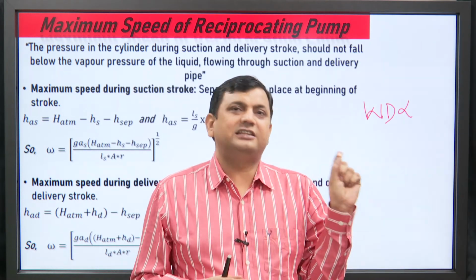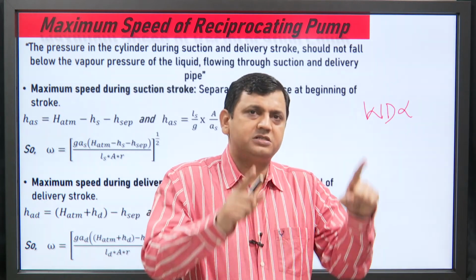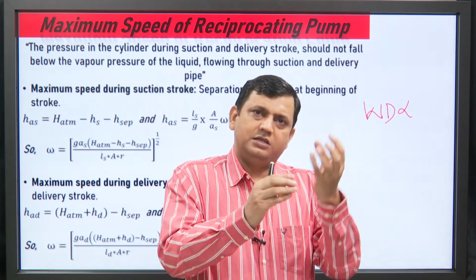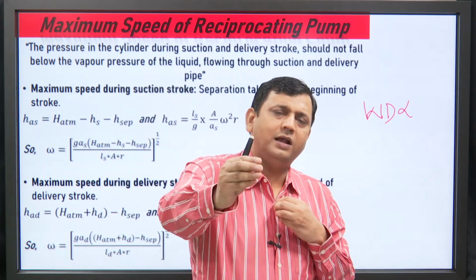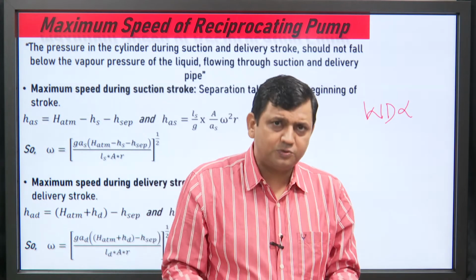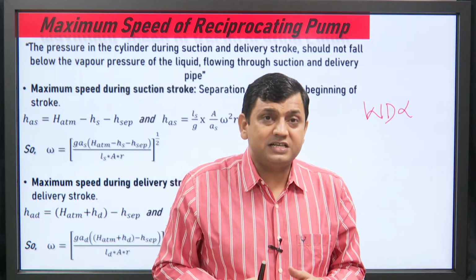This action is pitting, and this whole concept of bubble formation, bursting and metal removal is known as cavitation. Cavitation is negative.